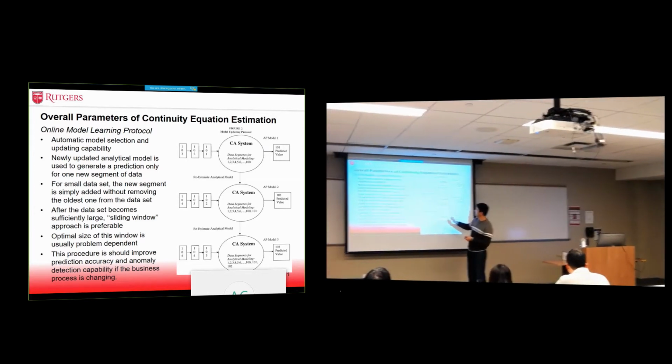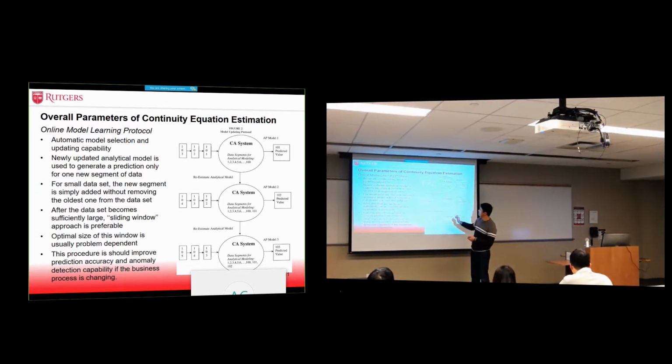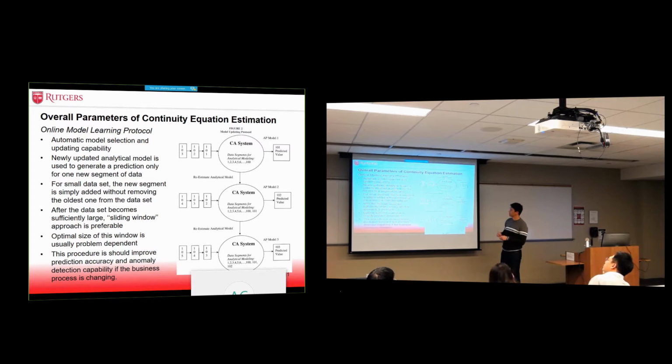I don't know why. In my understanding, for example, the first one, they first use the observation from 1 to 100 to estimate the model and then predict the next one.